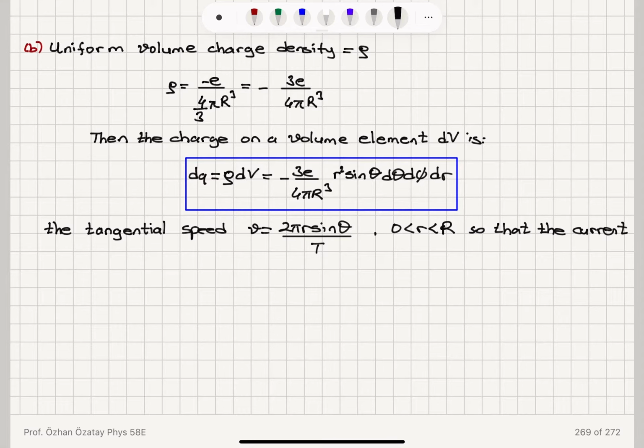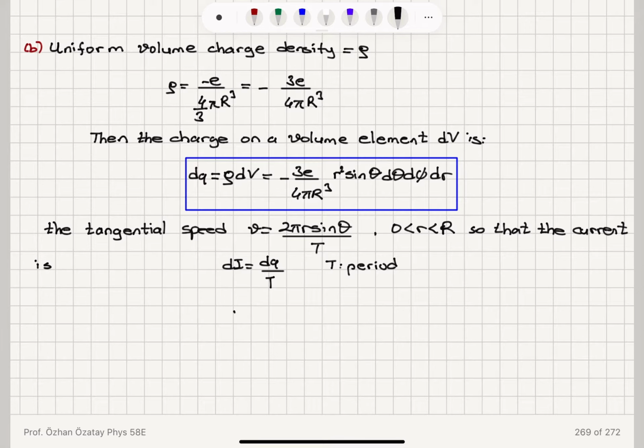the contribution to the current will be dI, which is the infinitesimal charge dq rotating in one period, capital T. So capital T was our period of revolution.